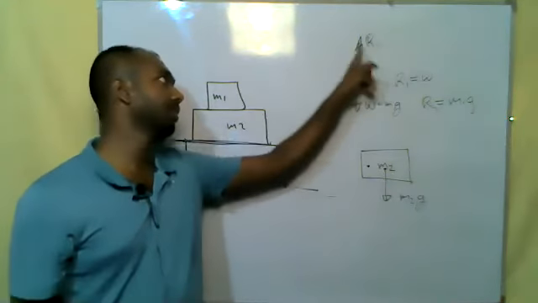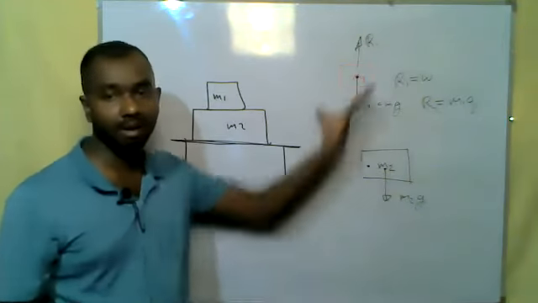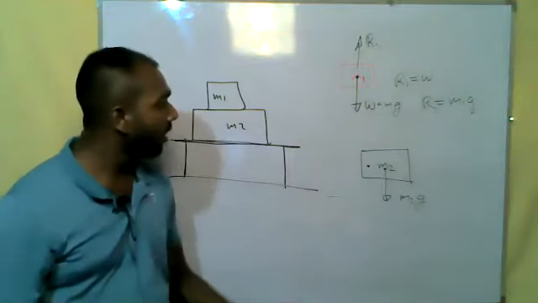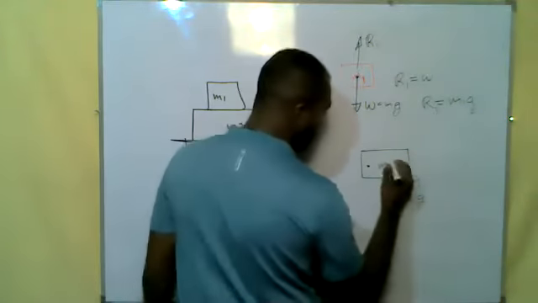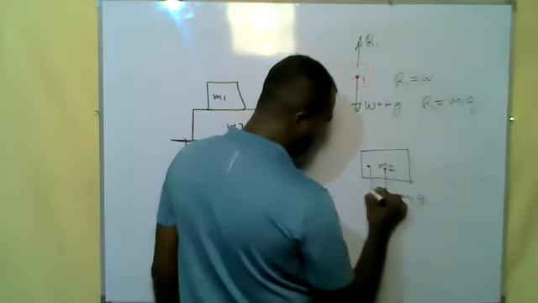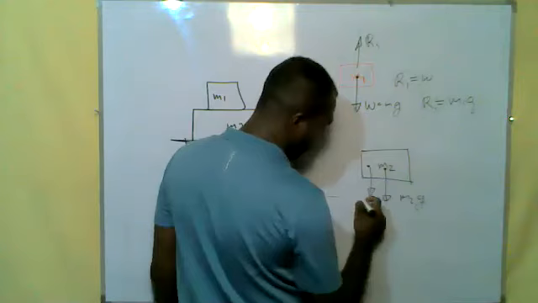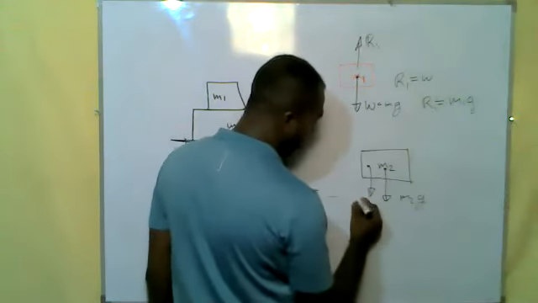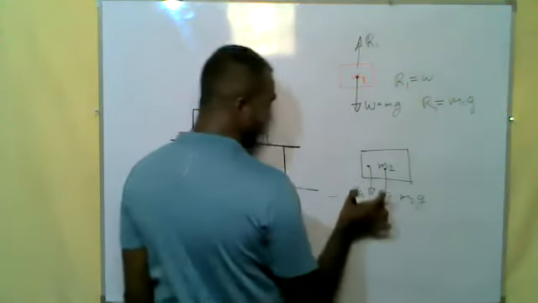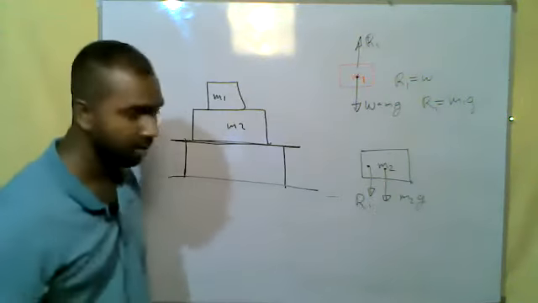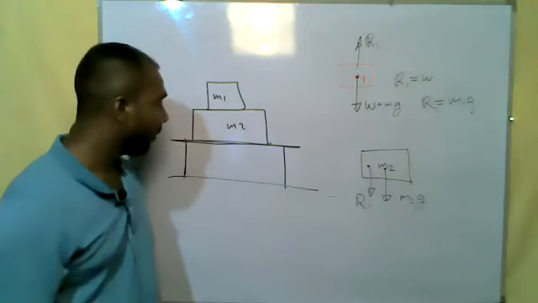For this force, there should be an equal and opposite reaction. That means in the second book, there should be a force applying downwards. Sorry, the same reaction, R1, should be acting downwards on this body. What else?